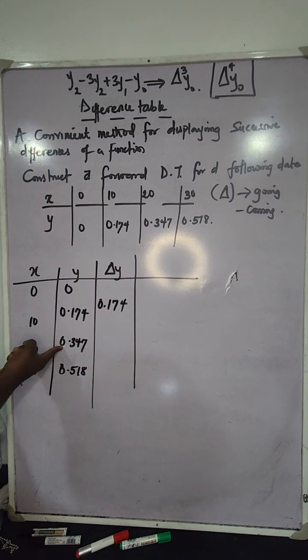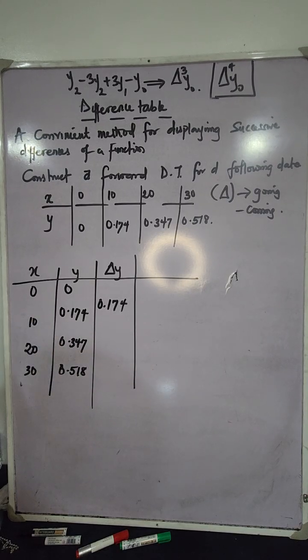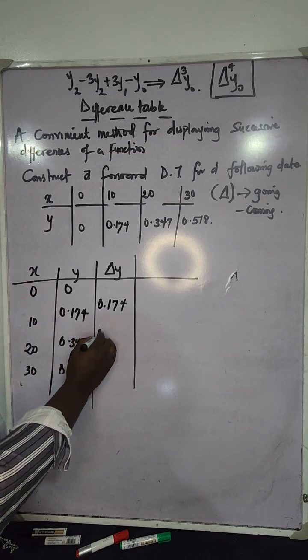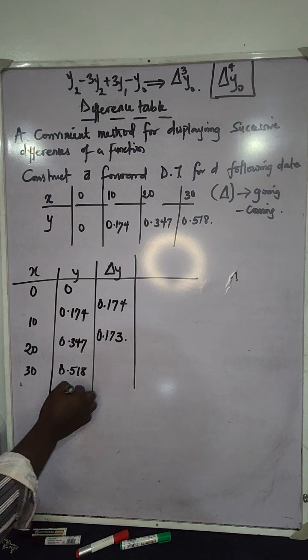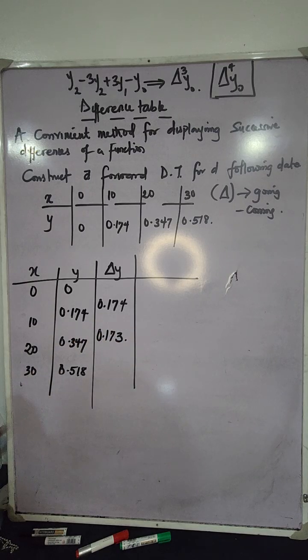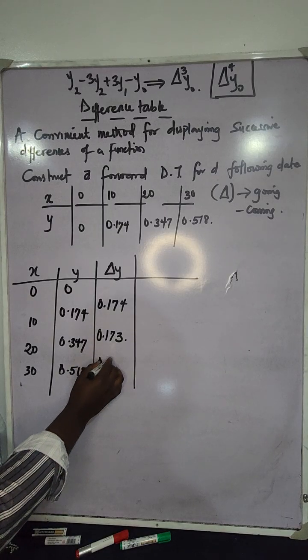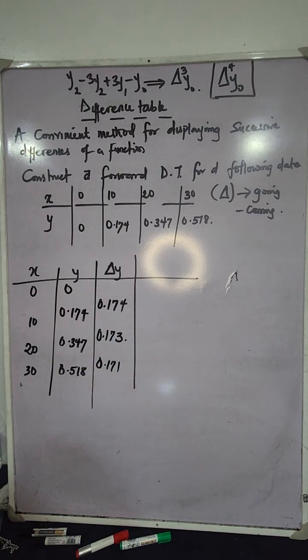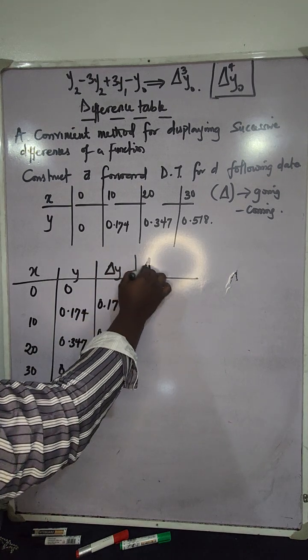So where we are going minus where we are coming from. And so we have 0.173. And then here we have 0.518 should minus 0.347. We have 0.171. Is that clear?